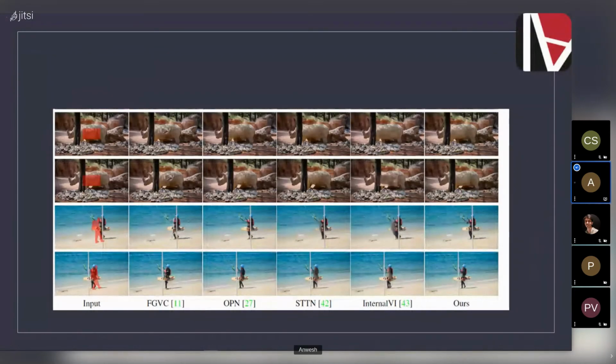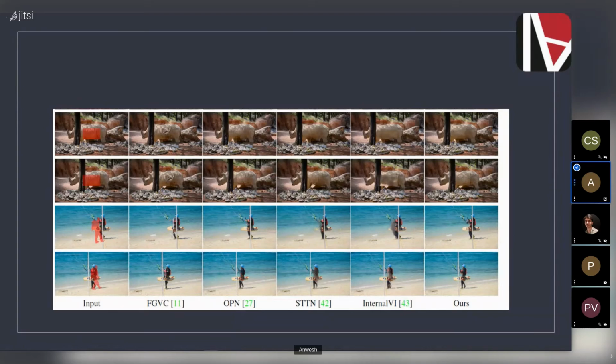Here you can see some images. Let's say that the first image of each row is the input we give to a video. You can see there's a mask over the rhino's abdomen, and our task is to remove that area.